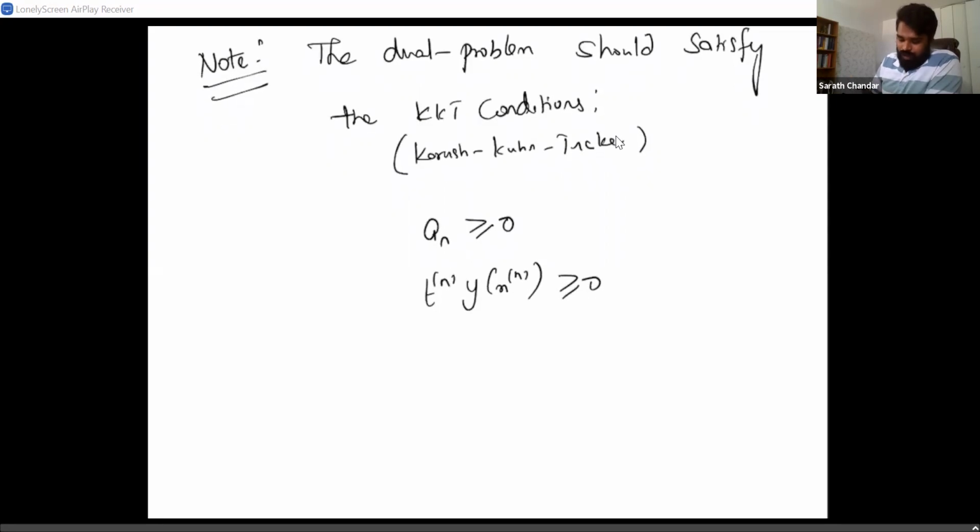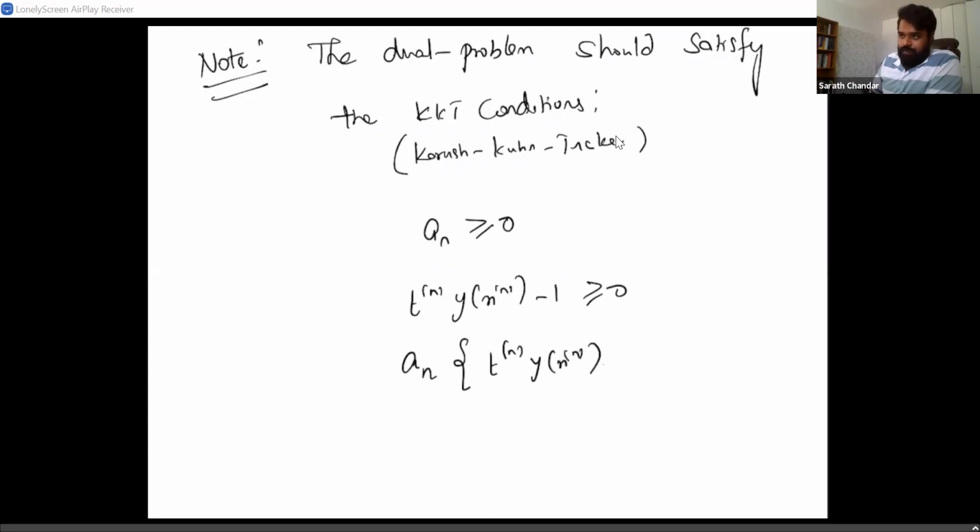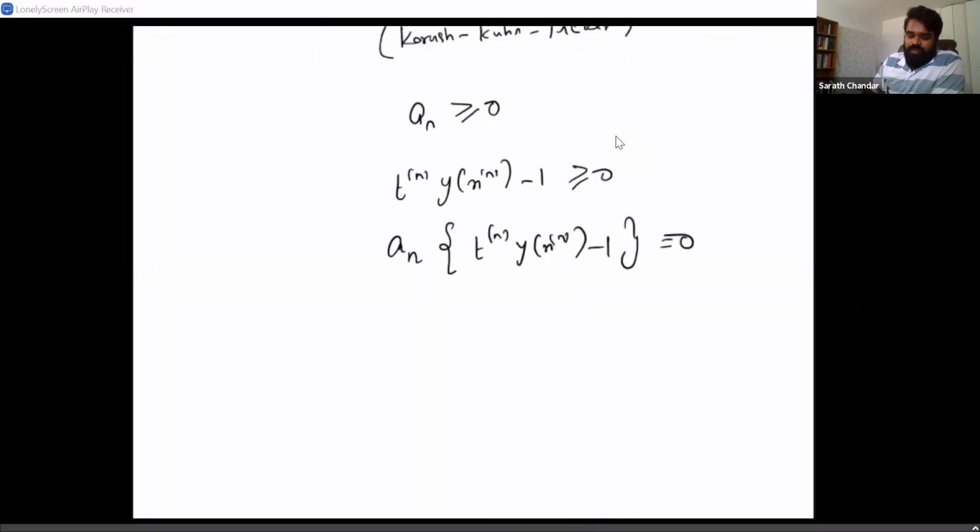I made a mistake earlier, so my constraint is t_n y(x_n) minus 1 greater than or equal to 0. And the third one is a_n multiplied by the second term is equal to 0. So now these are the three conditions.